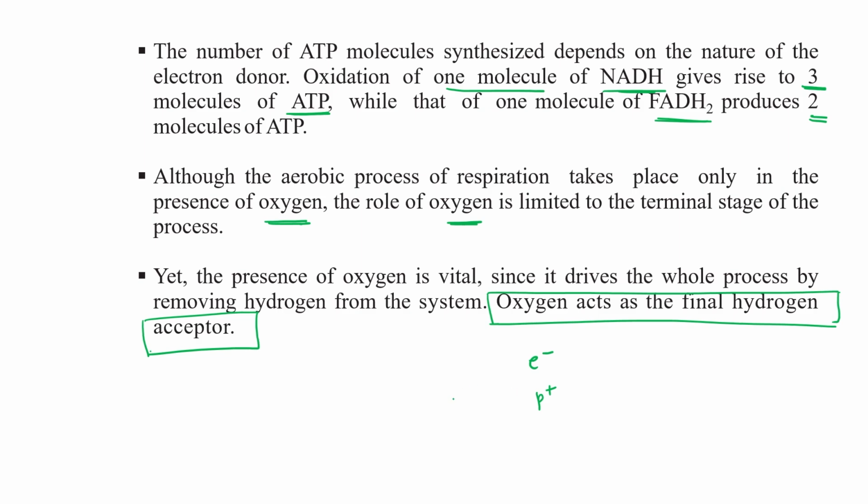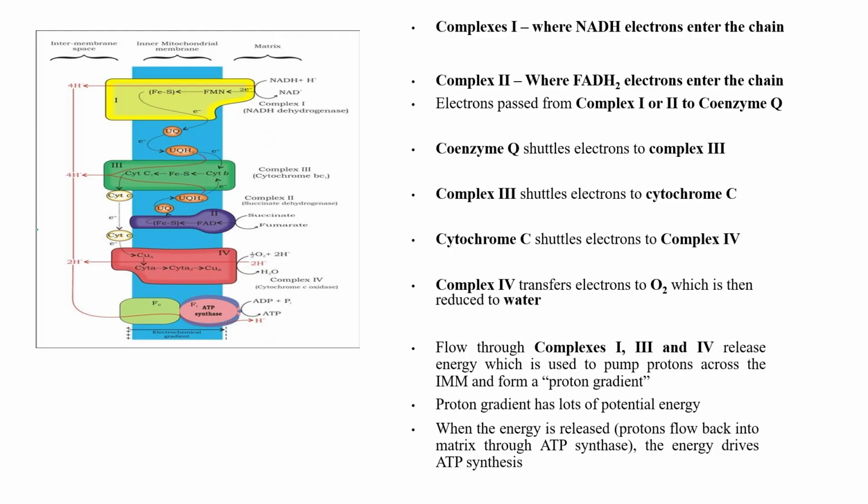So electrons pass from one carrier to another carrier molecule. As you can see in this particular picture, these electrons are passed from one complex to another, and all the protons are passed from the matrix to the inner membrane space, because there is no need of those protons there, so the concentration of protons gets higher and higher in the inner membrane space.